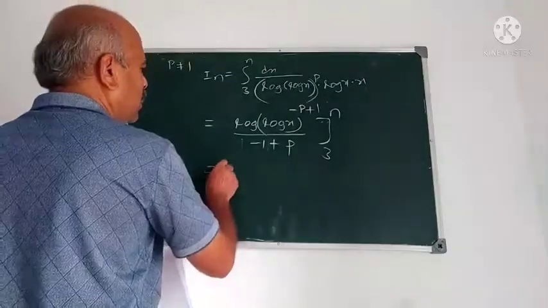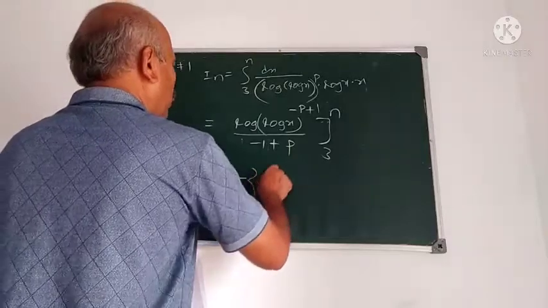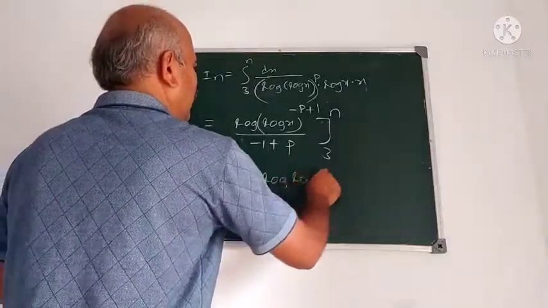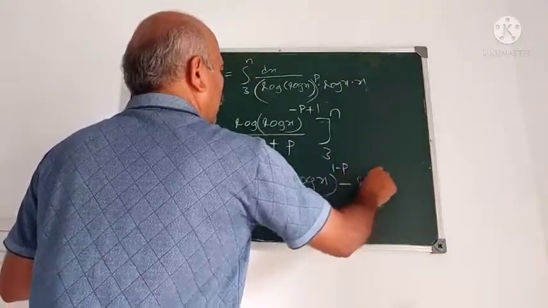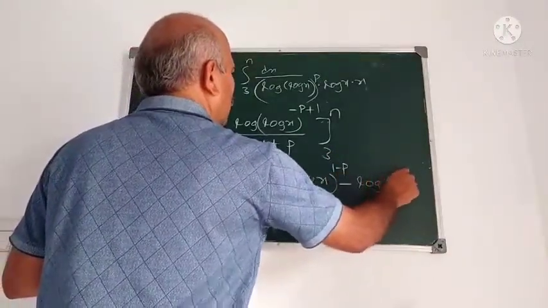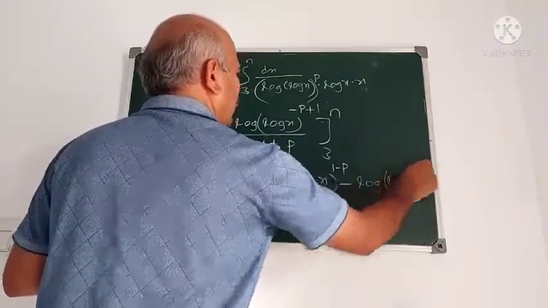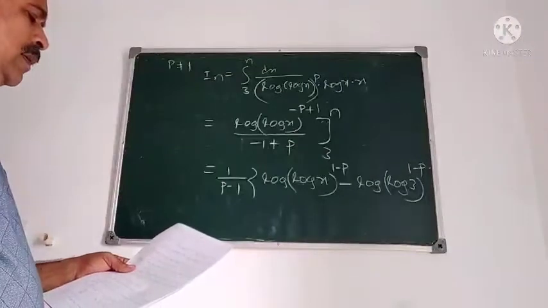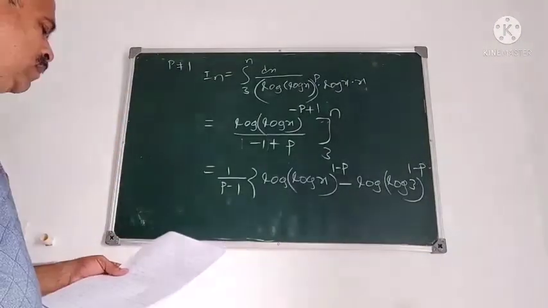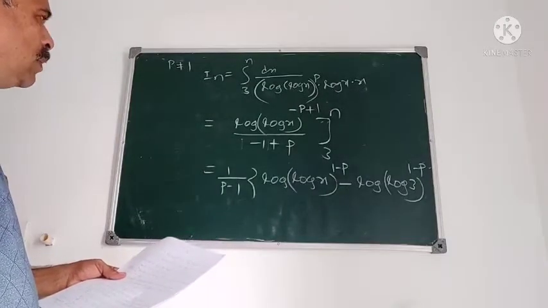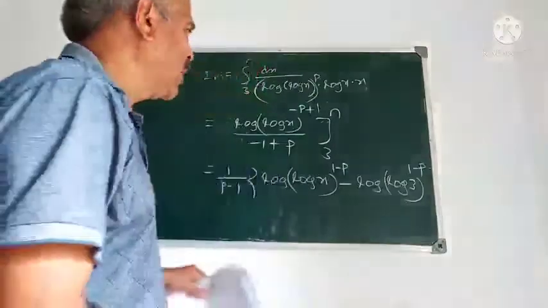It is therefore 1 upon 1 minus p times log of log n raised to 1 minus p minus log of log 3 raised to 1 minus p. Am I correct? This is for p not equal to 1.